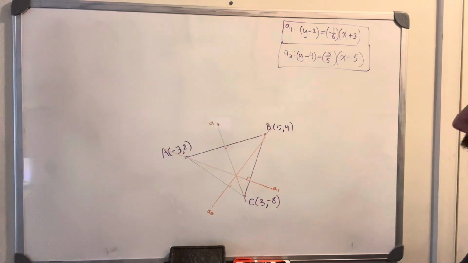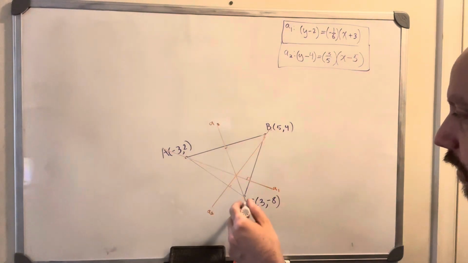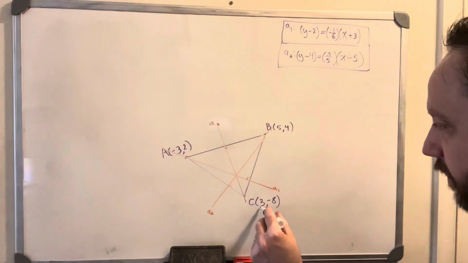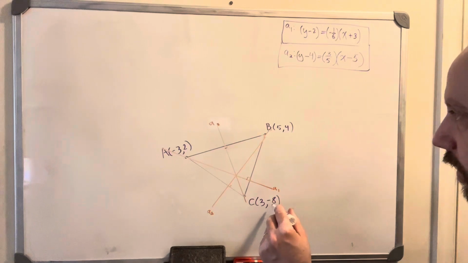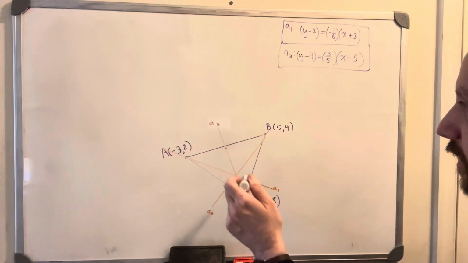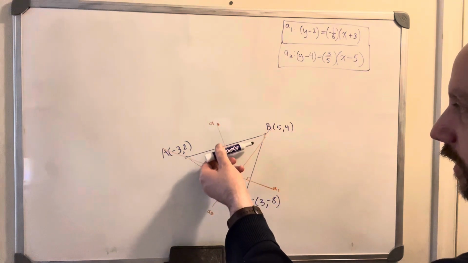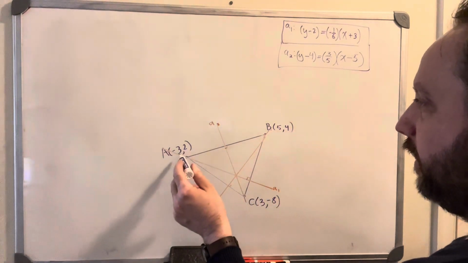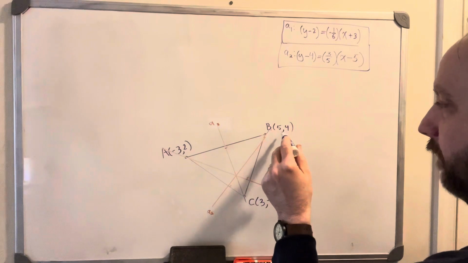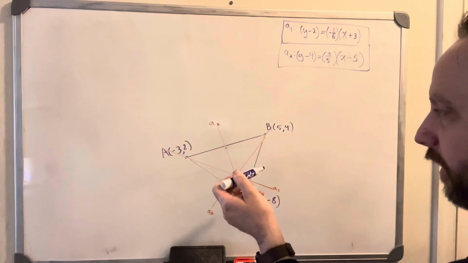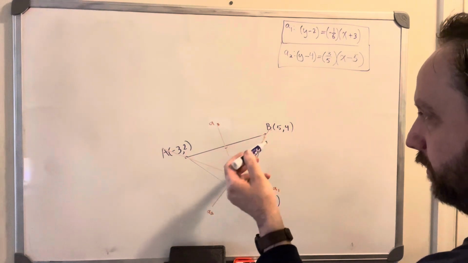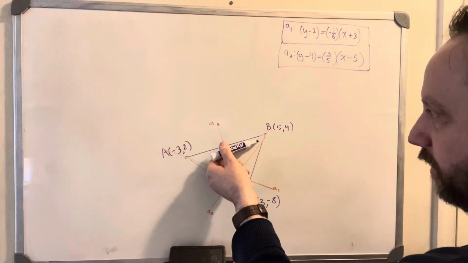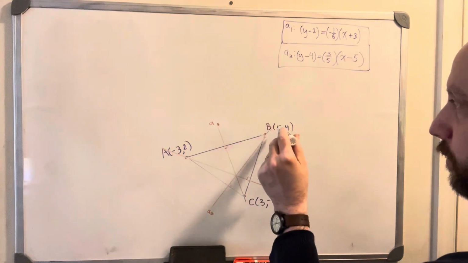There's one last altitude line to solve for, and that's this one, A3, the one that passes through the point 3, negative 8, and has a slope that is perpendicular to the side negative 3, 2, and 5, 4. So by now, if you've been following along, you should see that we want to find the slope of this line. Let's do that right now.